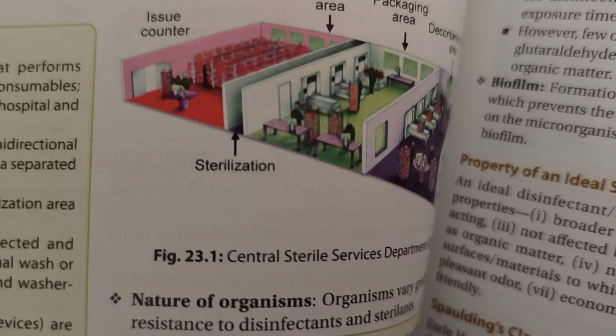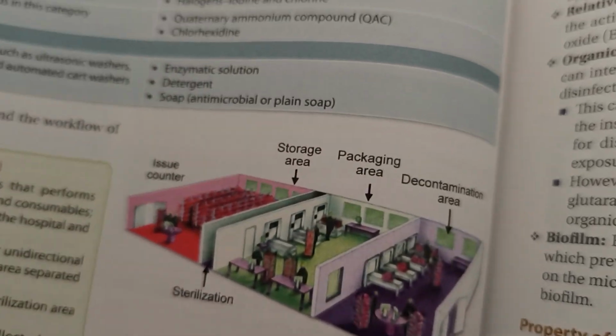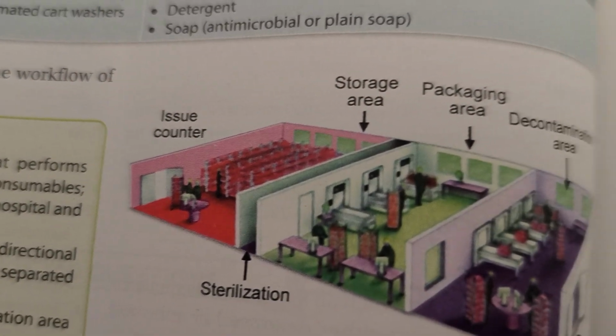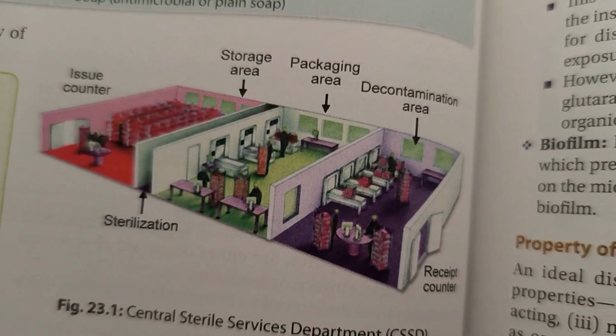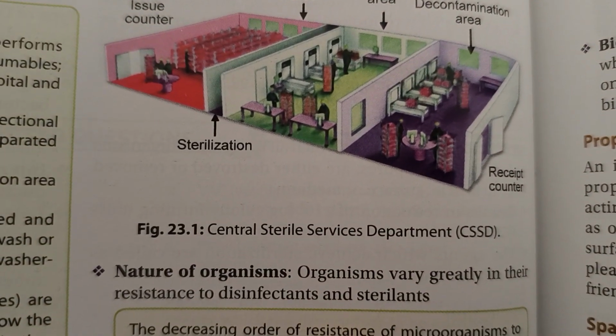Central Sterile Service Department. So this is how CSSD looks. This is the issue counter. Then this is the storage area, packaging area, decontamination area, recipient counter and sterilization.